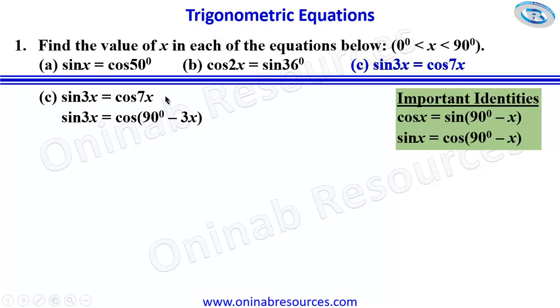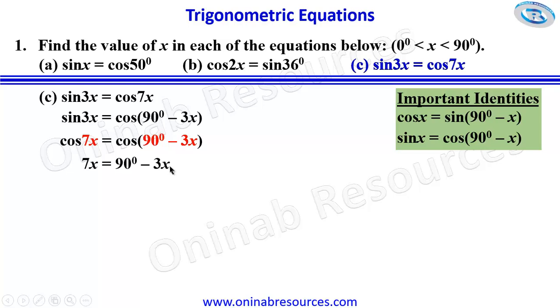This is equal to the right hand side, which means cos 7x is equal to cos 90 degrees minus 3x. And this is cos, this is cos. It's telling us that 7x is equal to 90 degrees minus 3x. Bringing them together, 7x is equal to 90 degrees minus 3x.